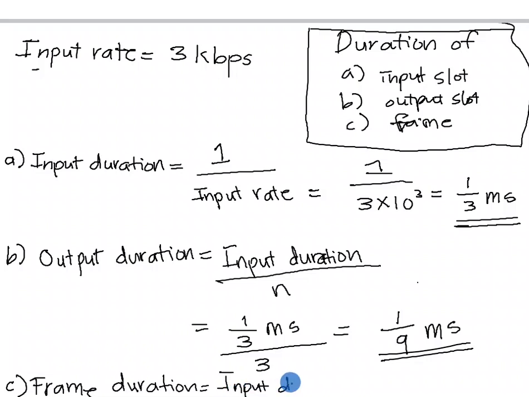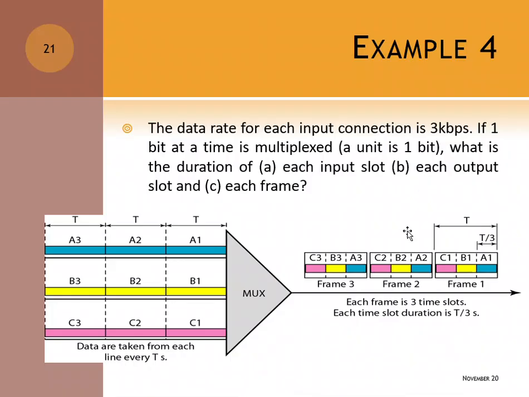So input duration tadi kita dah dapat dalam A, so 1/3 millisecond. Nah, kalau kita tengok figure ni, if we see the figure, okay, kita boleh nampak frame duration sama dengan T. Masa yang dah ambil untuk satu frame adalah T, which is equal to input duration.